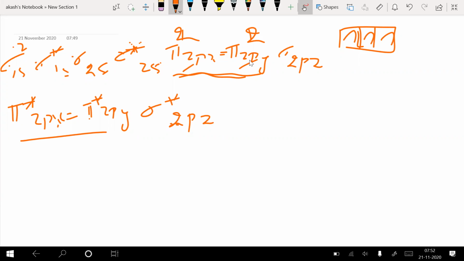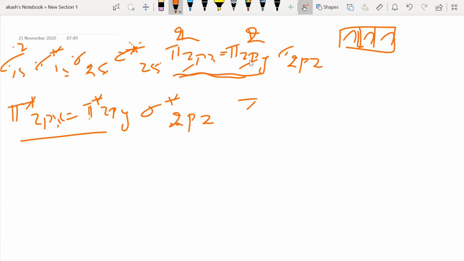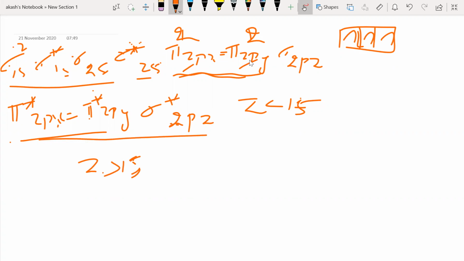Wait, I forgot one thing. Now this has to be used when the total number of electrons is less than 15. So for C2, B2, H2, all these things you can use this. If you have Z greater than 15, there will be a small change. This will be exactly the same. This will also be exactly the same. The only thing which will change is these two.